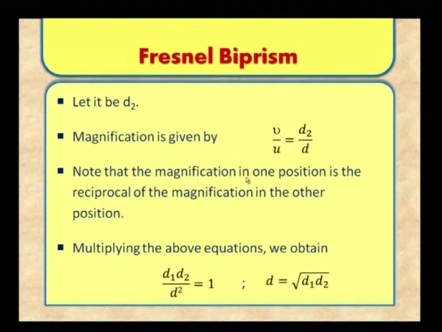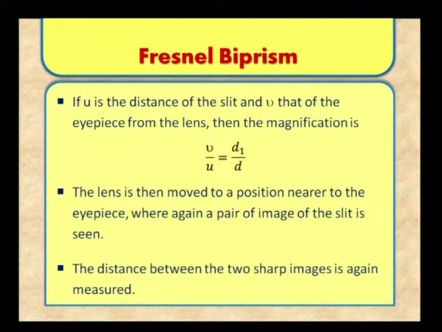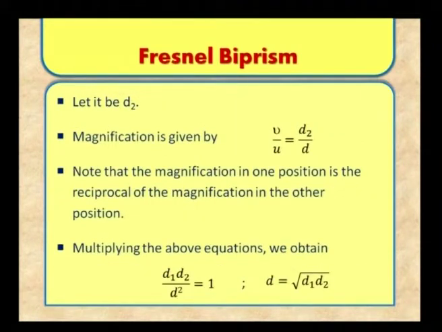Note that the magnification in one position is the reciprocal of the magnification in the other position, multiplying the above equations. That is, v by u is equal to d2 by d, and here d1 by d. So, by multiplying these two, you get d1 d2 by d square is equal to 1, or in other words, the important quantity d.